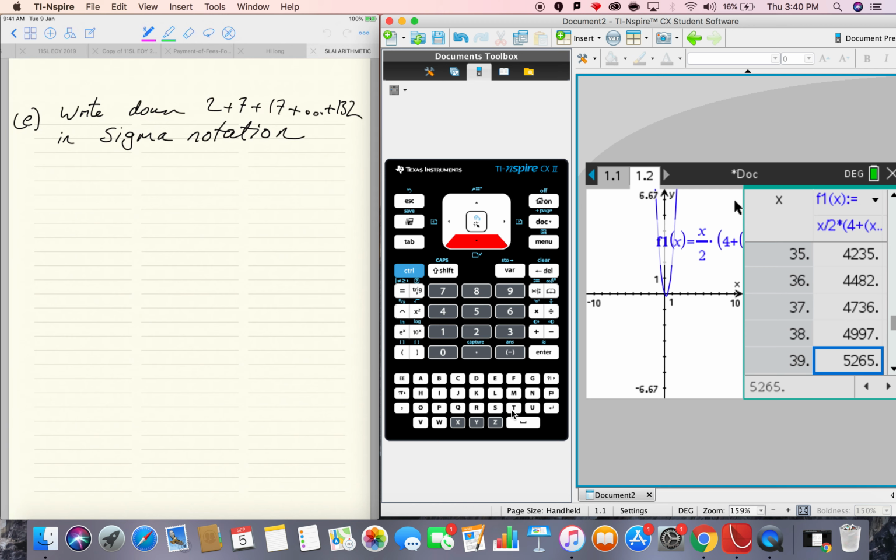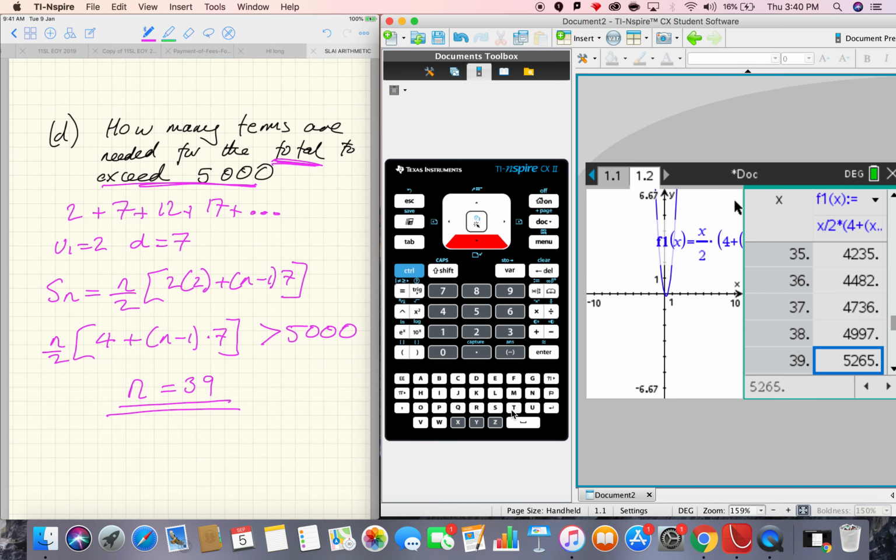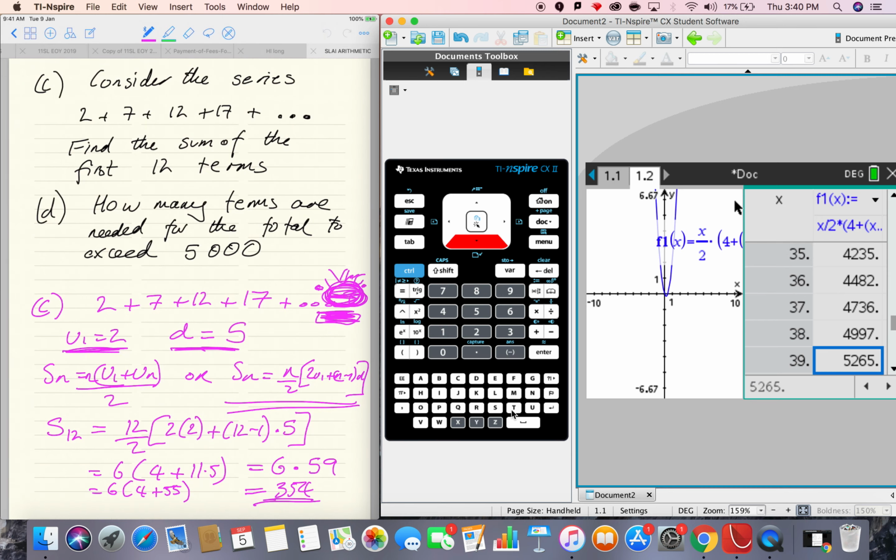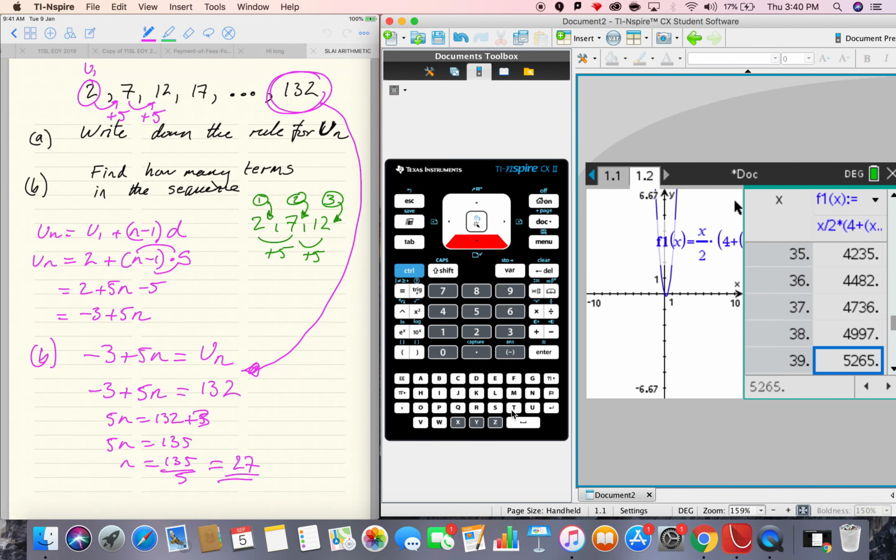Write down 2 plus 7 plus 17 and so on in sigma notation. Now remember, sigma notation is addition. So to start with, we need to write down the nth term rule. And where is the nth term rule? There he is, look. Let me just undo that.